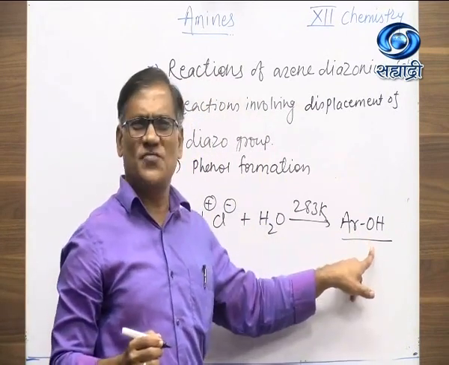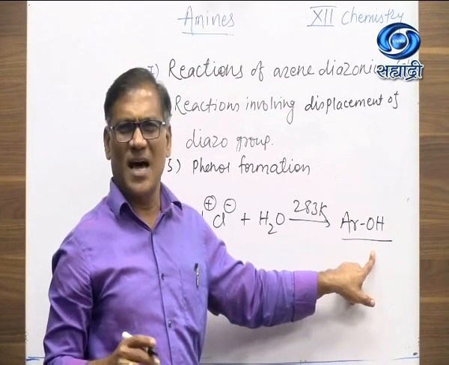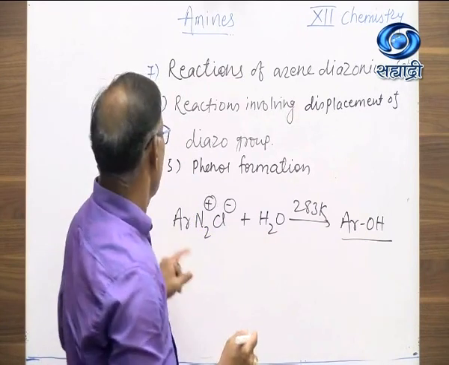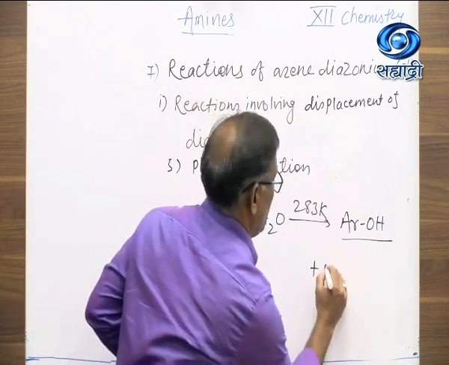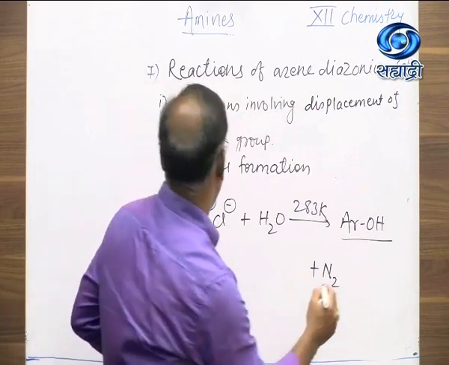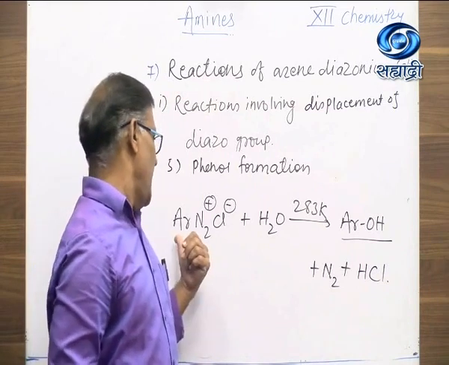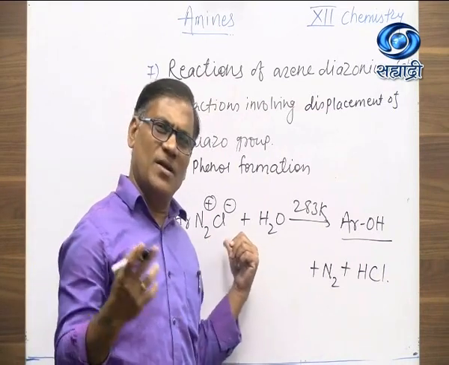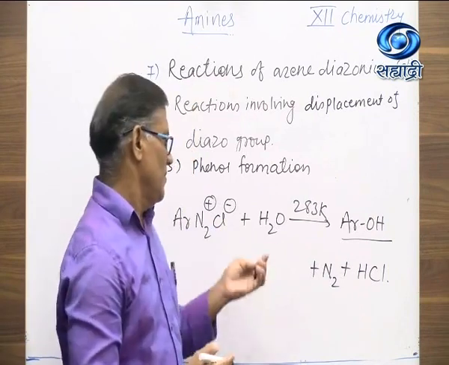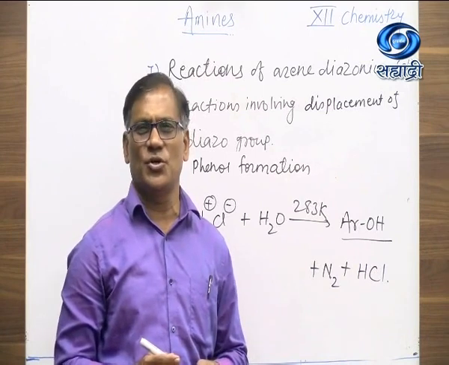One more name is used for this phenol, it is also called carbolic acid. It is carbolic acid or phenol, aromatic hydroxy compound. ArOH plus N2, as it is displacement of diazo group, N2 gas is removed and another product is HCl. So aryl diazonium chloride can be converted into phenol, into carbolic acid on treatment with water at 283 Kelvin temperature.